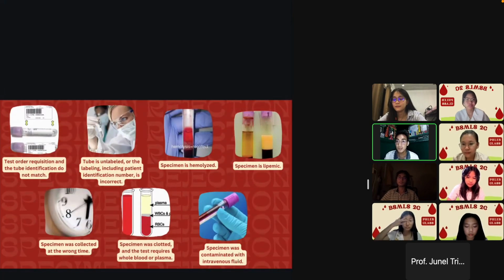Yung lipid na yon kasi could interfere with other test results that are required to perform. So for example, you have a serum sample for a test, and then yung sample na yon is lipemic, then your specimen would be rejected as well.